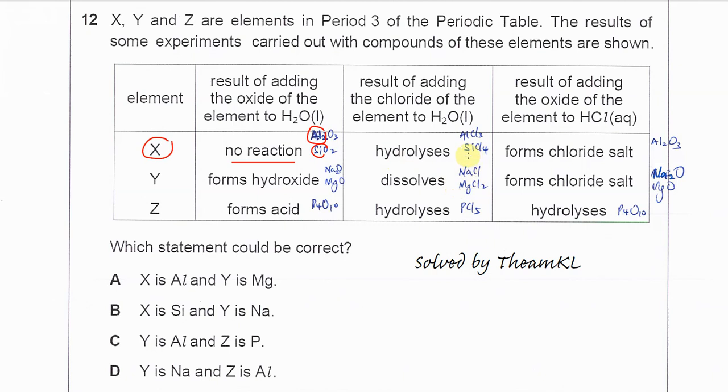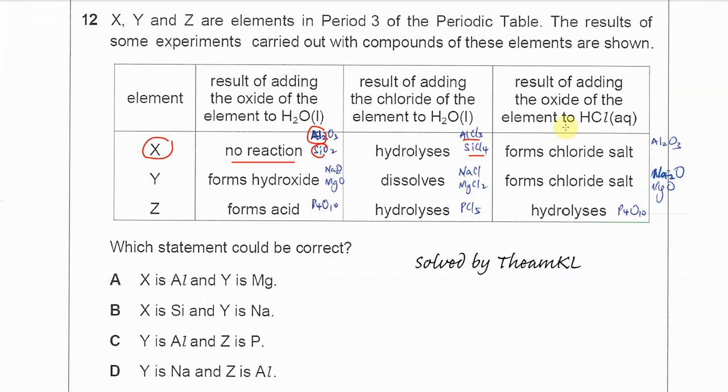But when the SiCl4, let's say this one, is hydrolyzed in water, it will form SiO2 and HCl. So even when the water is removed, it cannot form back the SiCl4. Now this we call hydrolysis. It's a reaction. So from here we know that aluminum chloride and SiCl4 will hydrolyze.